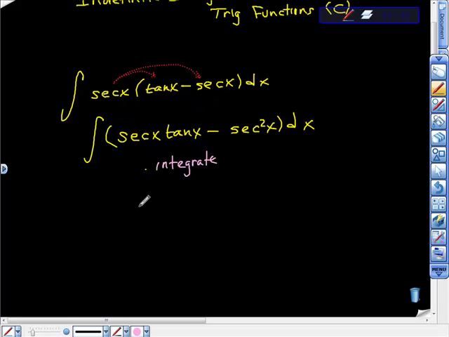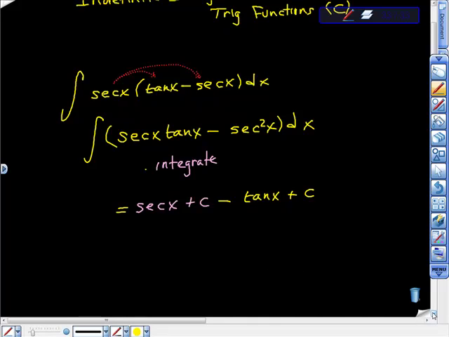So secant x tan x is the same as secant x plus c. This negative sign right here is this one. We know that secant squared x has an integration formula of tan x plus c. So tan x plus c, and we have this thing done, don't we?